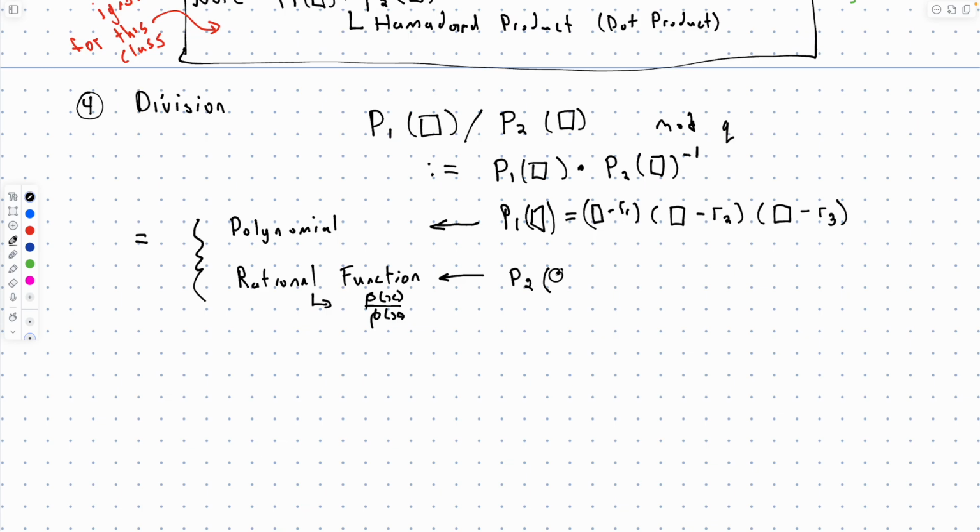And P2 we can put into root form. It doesn't necessarily have the same roots, so I'll just denote the roots like this. And can we put it in root form? That's not even guaranteed. Remember, you can't even always factor a polynomial. So I'm assuming that I can actually factor it, and then assuming that I can factor it, I have these roots, okay? Then the division of the two is going to look like just the top over the bottom.